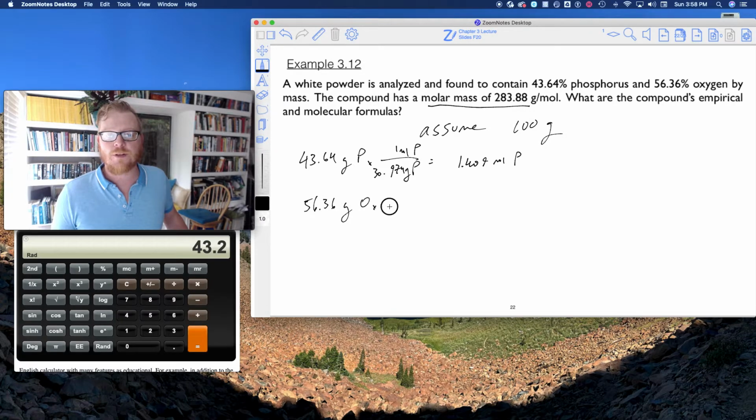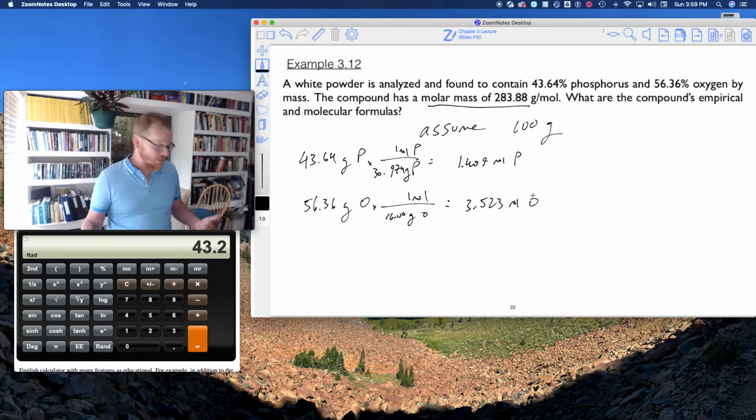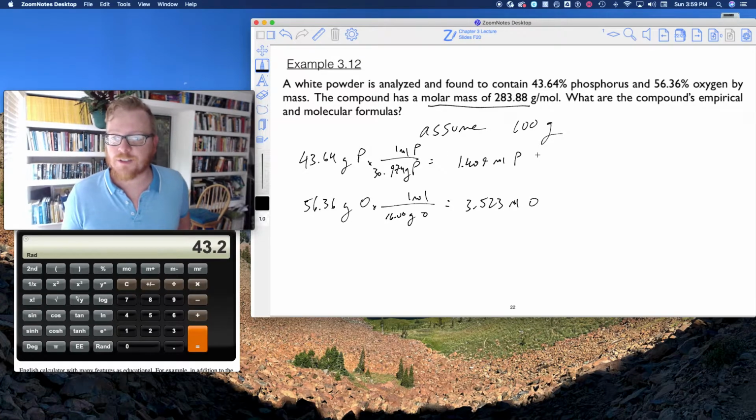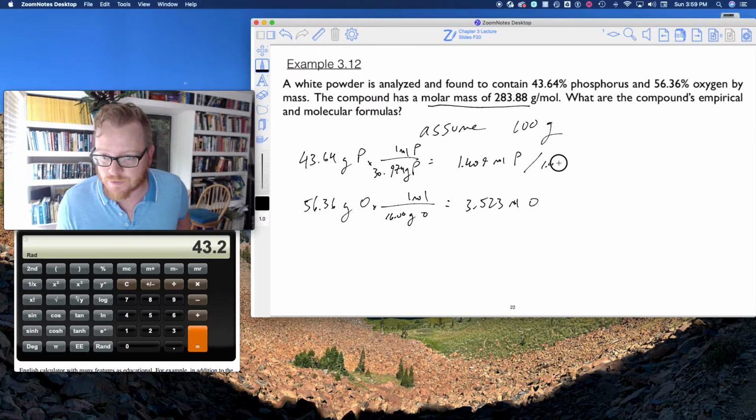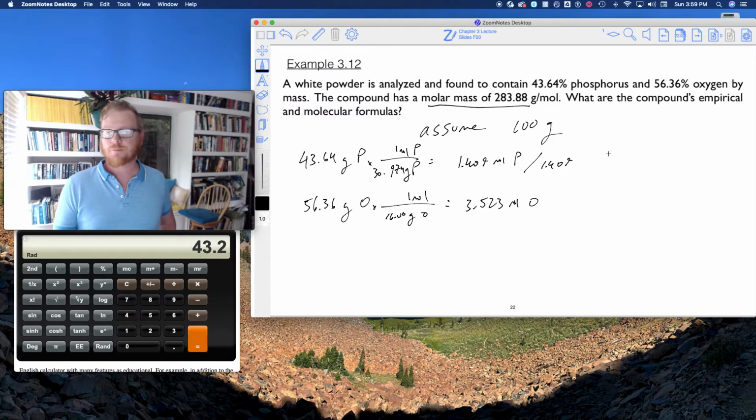And oxygen, that's 56.36 grams of oxygen. And I know in oxygen, there's 16.00 grams of oxygen in 1 mole of oxygen. And when I do that, I get 3.523 moles of oxygen. And so I have to find the least common denominator out of this, which I do by just assuming that the 1.409 is the least common denominator.